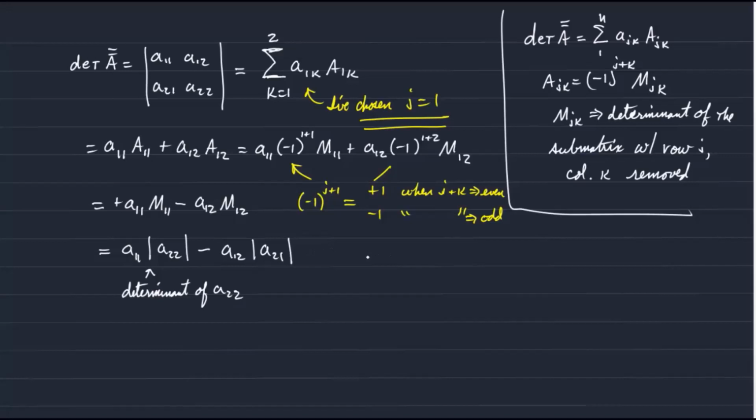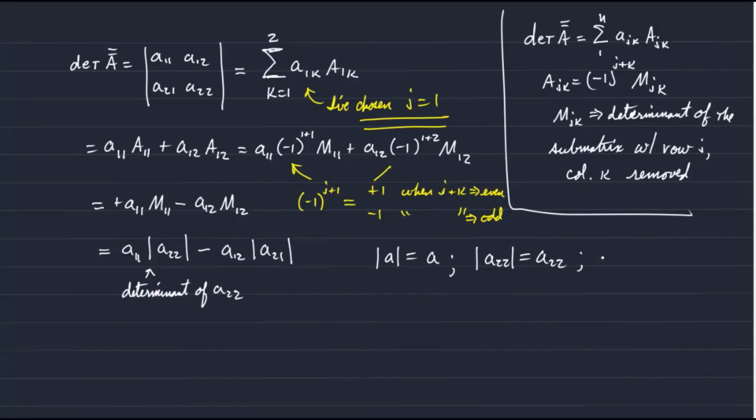So we're getting closer to our solution. In the example given, the determinant of A22 is simply equal to A22.